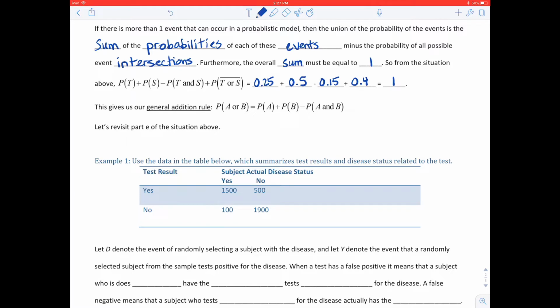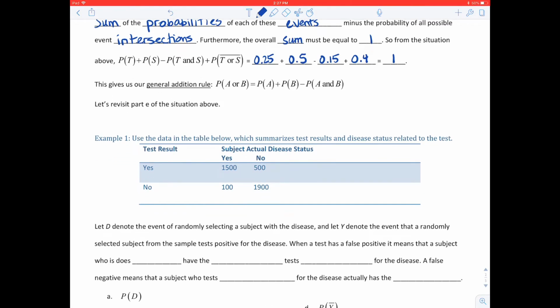So the probability of A or B is going to be the probability of A plus the probability of B minus the probability of their intersection. So here we go. What would happen if the events were mutually exclusive? I mean, why didn't I subtract out any intersection of the probability of not having a Twitter or Snapchat account with the other things?